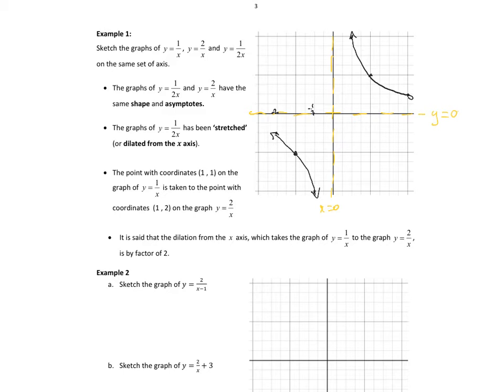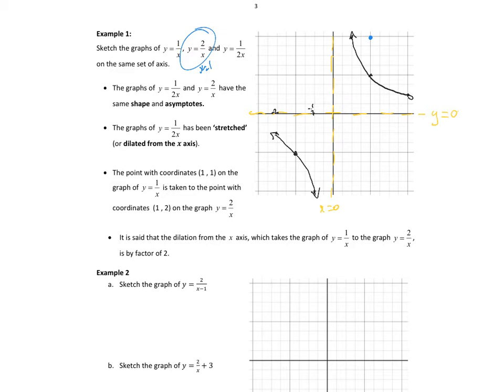Let's have a look at 2 on x. 2 on x just means it's 2 times bigger. So even if I plot points, if x is equal to 1 here, y is equal to 2 on 1, which is 2. So it would start there. If x is equal to a half, 2 on a half is 4.